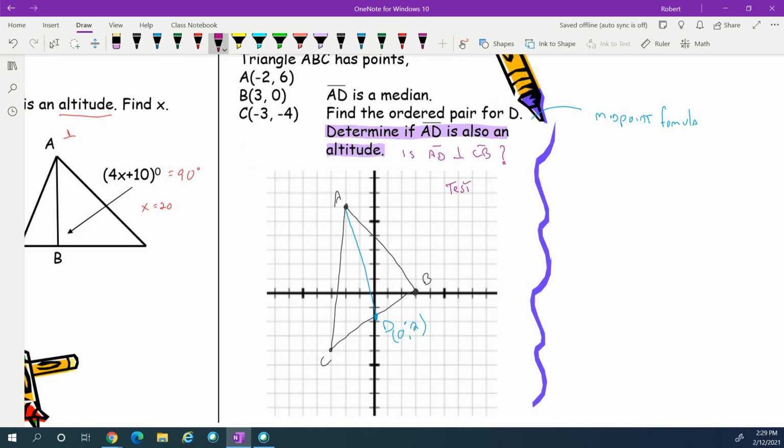We're going to test their slope. So we want the slope of AD and the slope of BC, or CB. Same thing, doesn't matter. Same segment. So we're going to use our slope formula. Have your formula sheets handy.